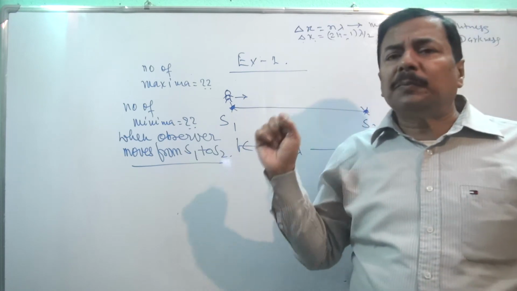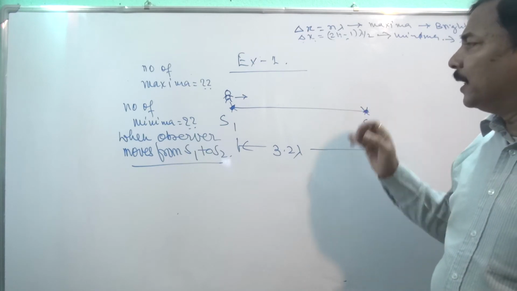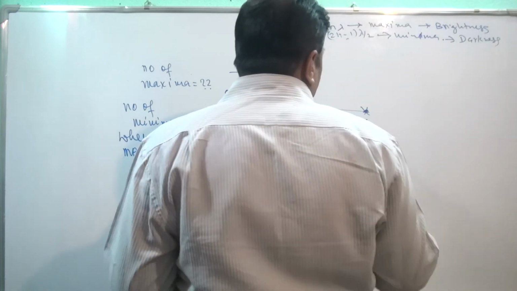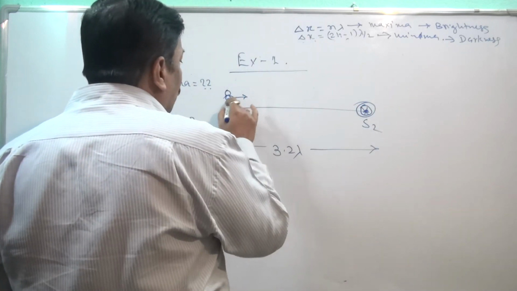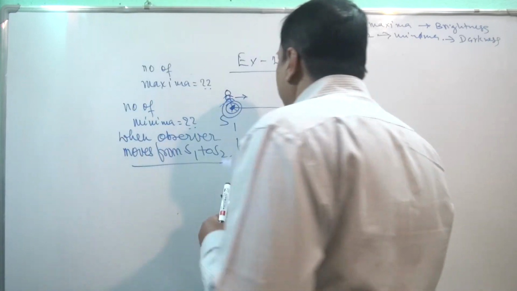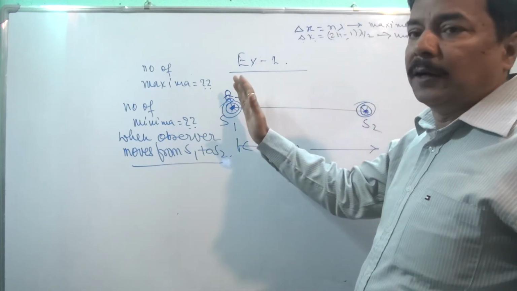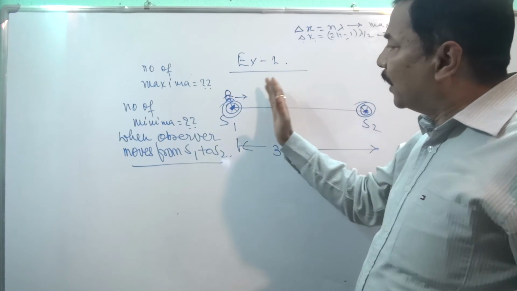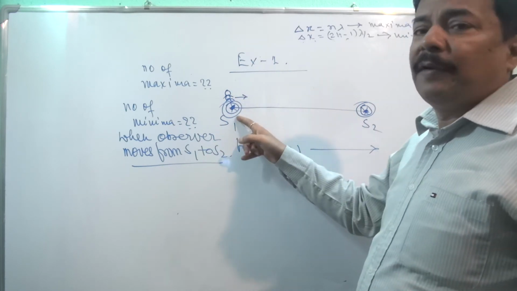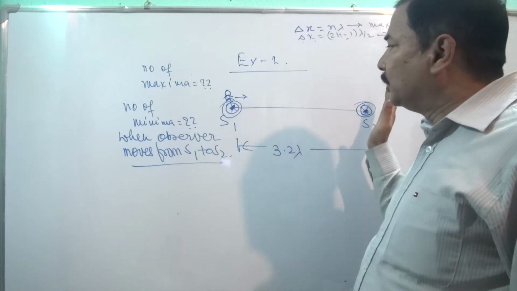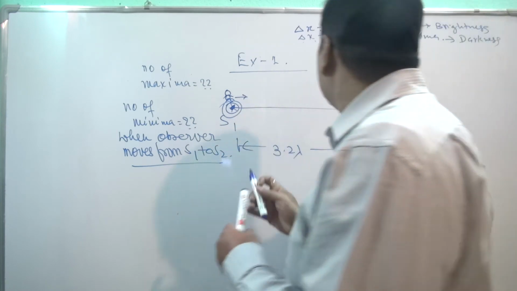Now to solve this problem, what I will do: the coherent source is there and the wave is being generated. If the wave is moving from here to here, this wave has traveled the distance 3.2 lambda, and this wave has not traveled any distance, so the distance traveled by this wave minus the other is 3.2 lambda.